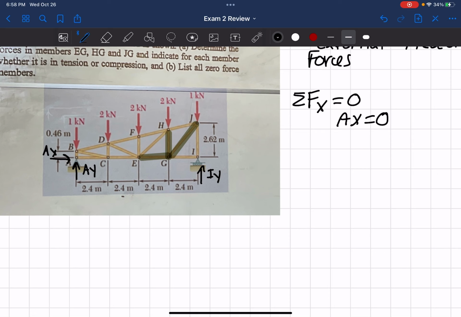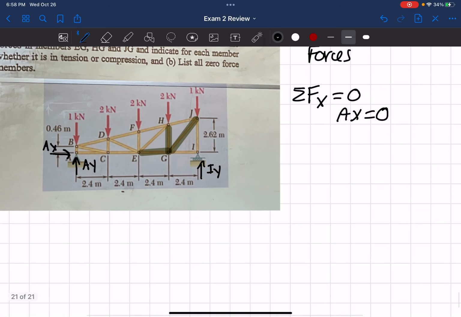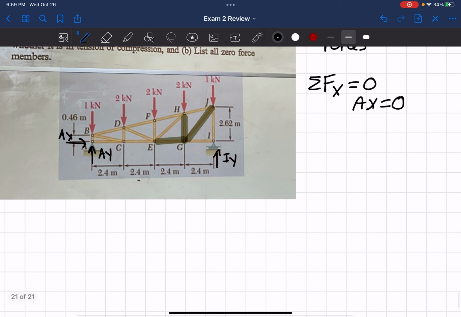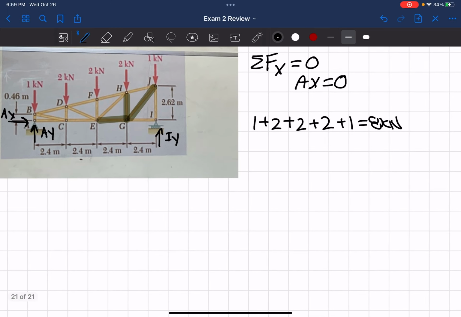We know that this is a symmetric truss in the way that it's loaded. So what we can do is add up all of this loading, and you get 1 plus 2 plus 2 plus 2 plus 1, which is equal to 8 kilonewtons. We know that these two are the only reaction forces, so it's in equilibrium, and AY and IY are equal because of symmetric loading.